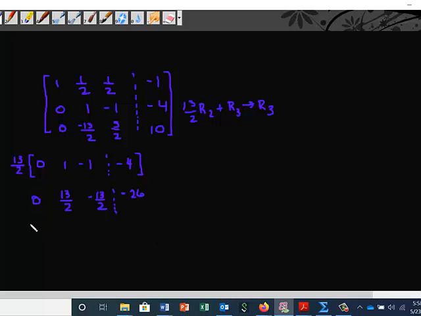So here, row 3 is going to be 0, negative 13 over 2, 5 over 2, and this will be 10.